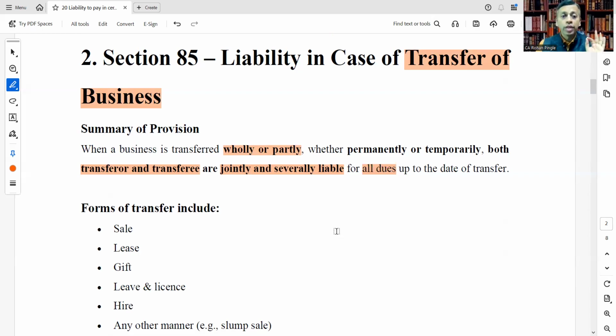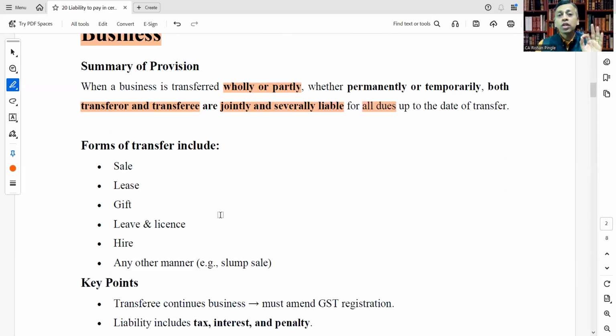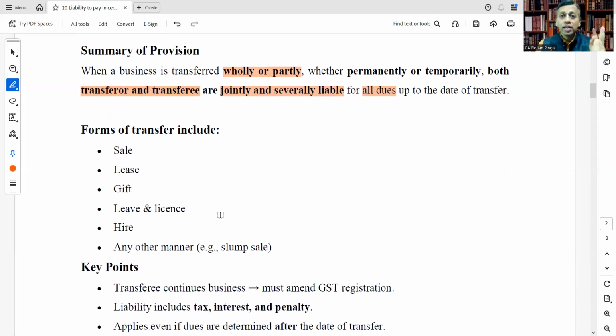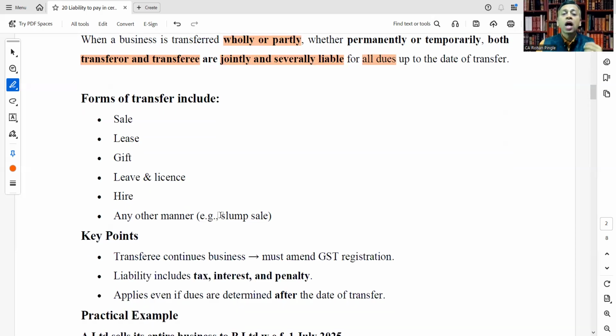Just note it down. Forms of transfer include sale, lease, gift, leave and license, hire, or any other manner.